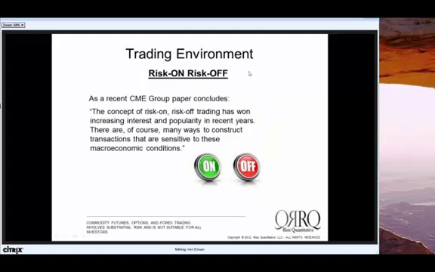Interesting little blurb from the CME. The concept of risk on, risk off trading has won increasing interest and popularity in recent years. There are, of course, many ways to construct transactions that are sensitive to these macroeconomic conditions. I spent a fair amount of time with Joe.